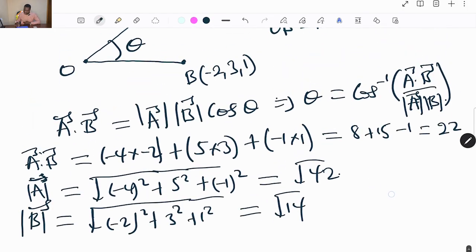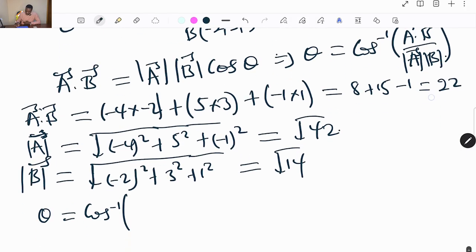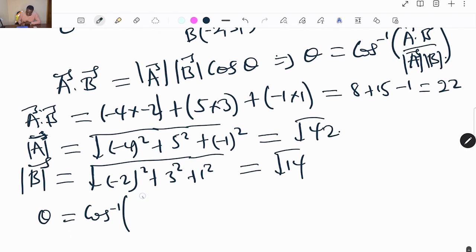Now that we've gotten the magnitudes and their dot product, we can get theta equal to cos inverse of the dot product, which we got as 22, divided by root 14 times root 42.